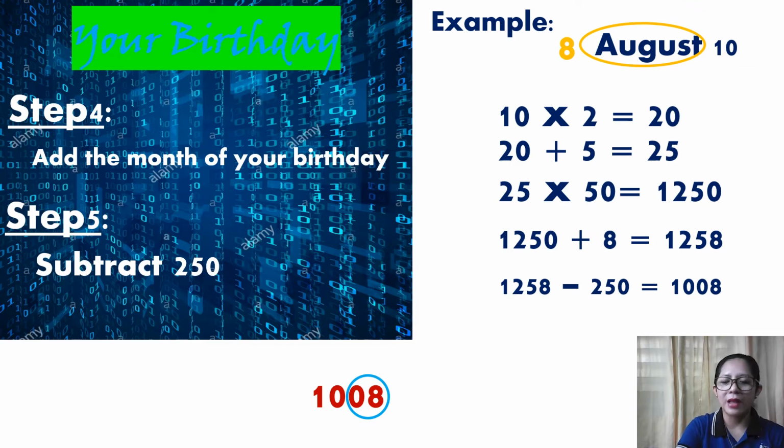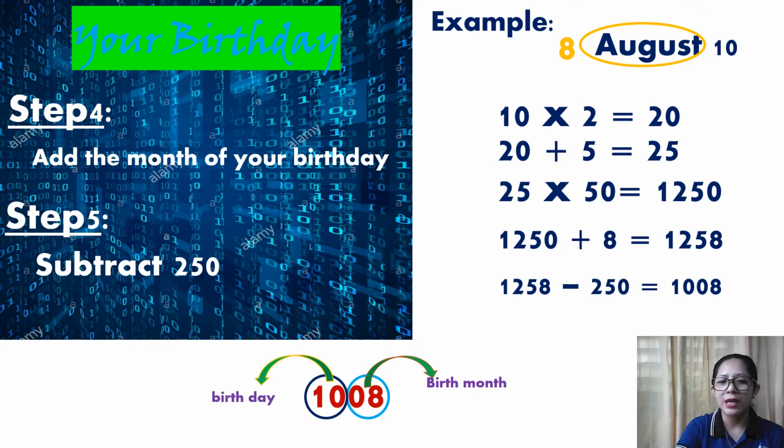So the last two digits is your birth month. And the first two digits is your birthday. So birth month is August. So we have 8. And the day of your birthday is 10. So we have 1,008. See?